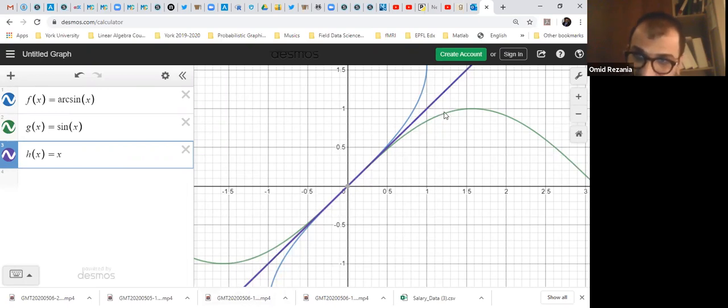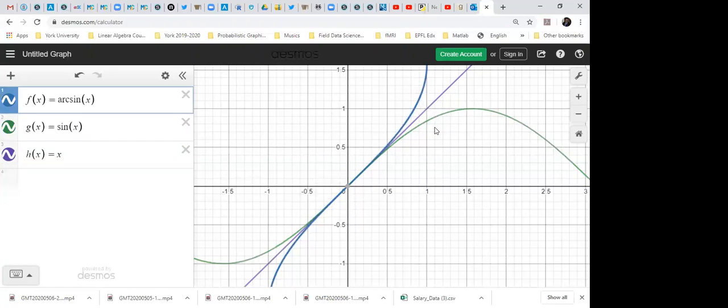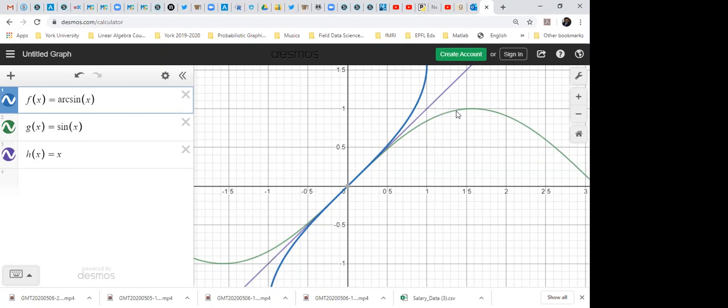The distance from here to here is the same as from here. You see that symmetry line? It seems that these two are mirror images of each other, and also these two, which means that y equals x essentially plays the role of the mirror in which sine inverse of x can see itself through sine x and vice versa.